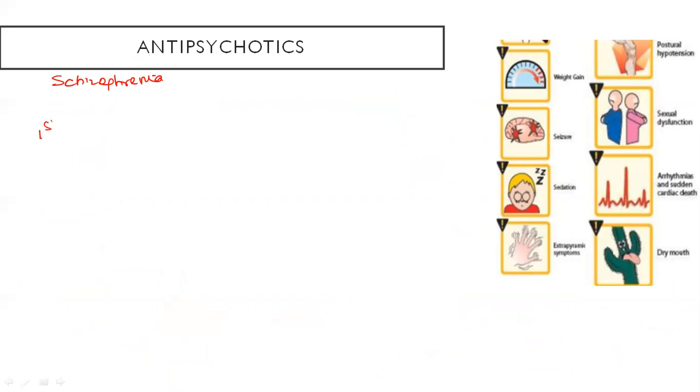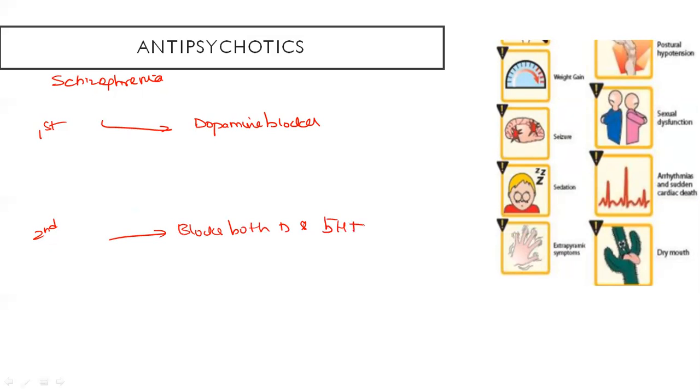There are first generation drugs and second generation drugs. First generation drugs specifically block dopamine, and second generation drugs block both dopamine and serotonin.